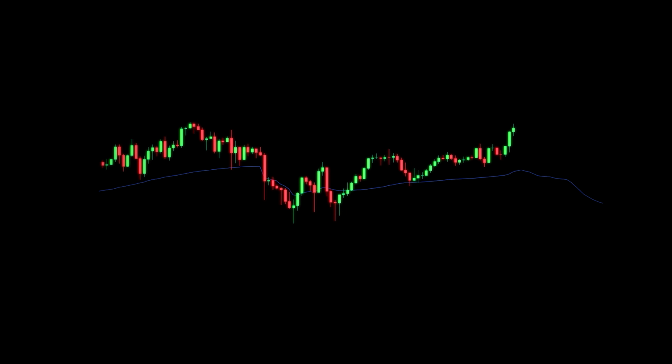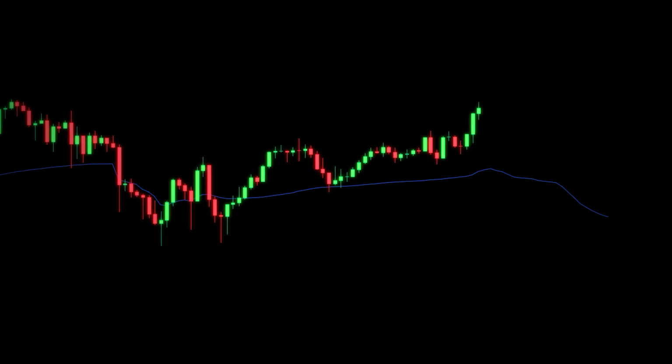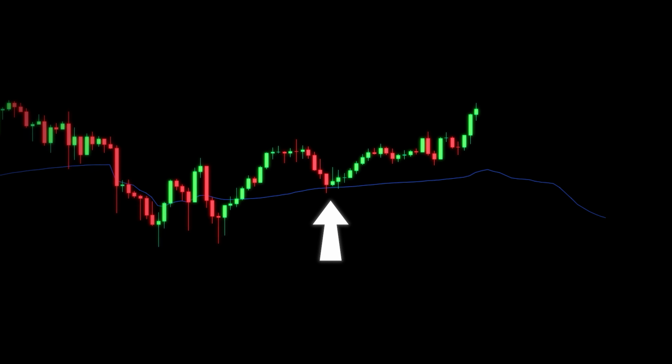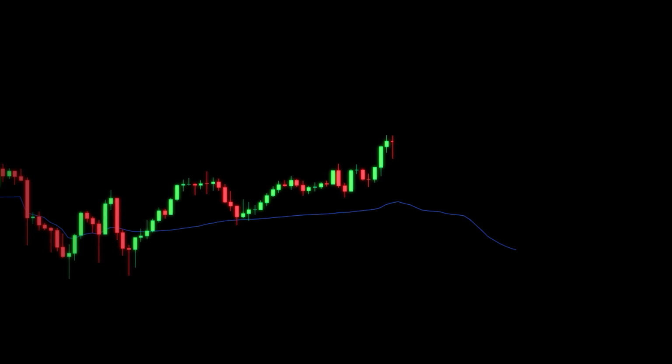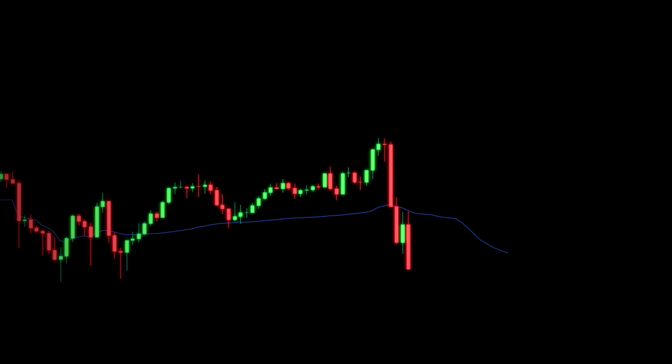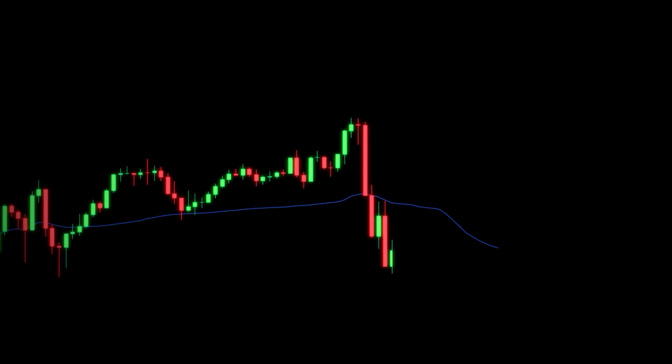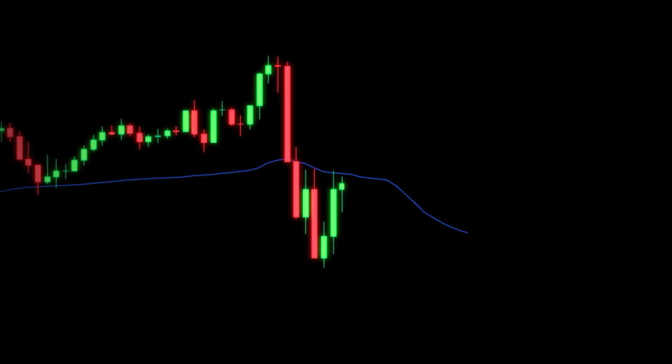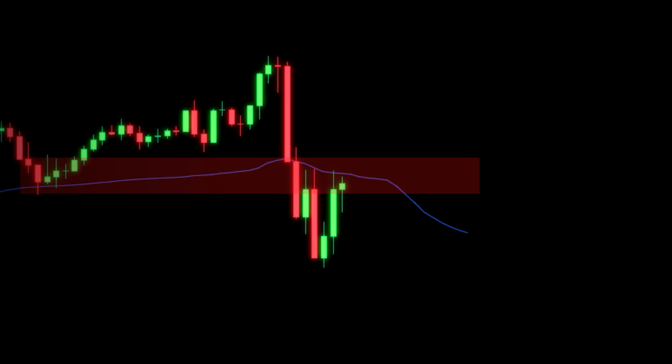Now let's look at an example where the market is trending bearish and the VWAP can be a helpful tool for us. Here, price initially is above the VWAP and respecting it as support. However, strong selling pressure is causing the price to break down below the VWAP, and it's suggesting a bearish shift of momentum. Once below the VWAP, price retraced back to it, where it has now acted as resistance.